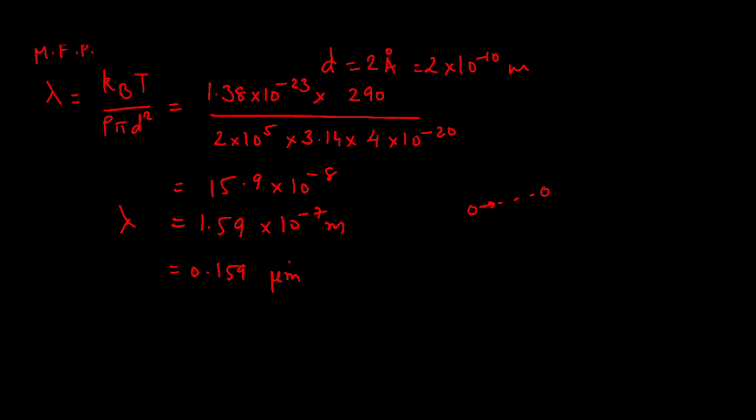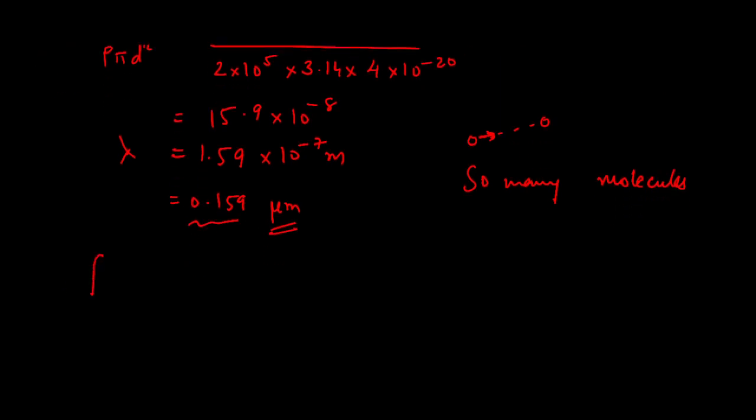Do you remember that molecules only occupy less than 1% space? But still, whenever a molecule will try to move, because there are so many molecules, it will just move a distance of 0.16 micrometer and it will hit. There will be a collision. Now let's go to collision frequency, FC. FC is 1 upon tau.